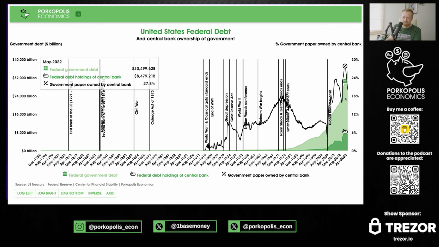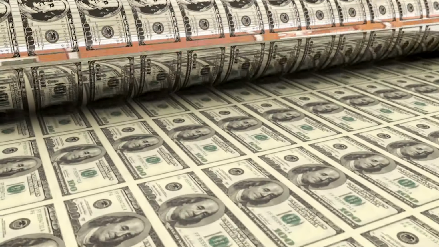Let's stop at March 2022, for example. March 2022, the Federal Reserve owned 27.9% of the United States federal debt. That means, literally, via monopoly, 27.9% of the United States Treasury bonds that are issued are bought via money printing.